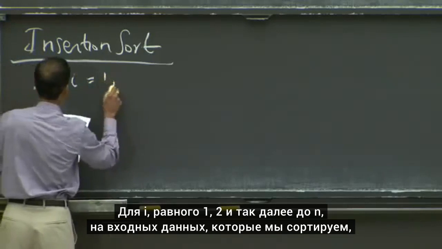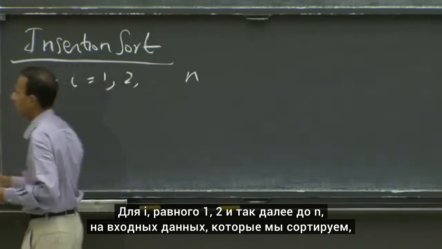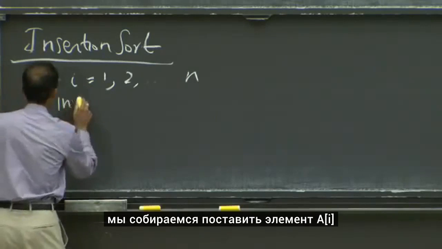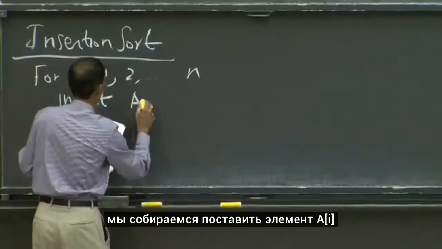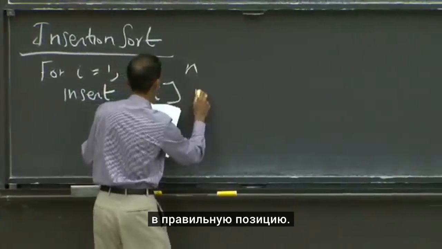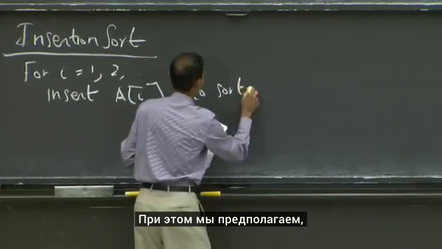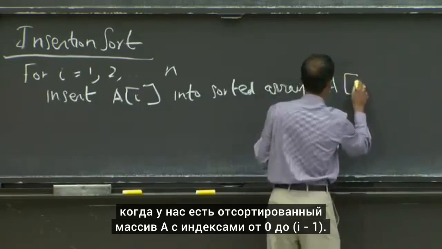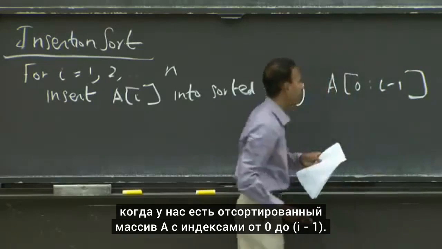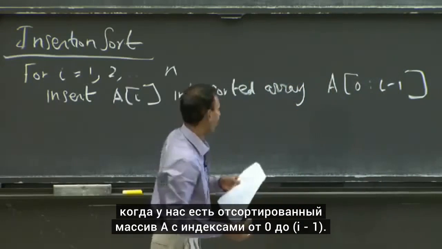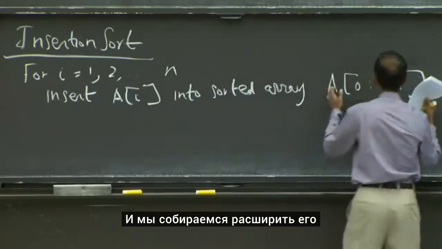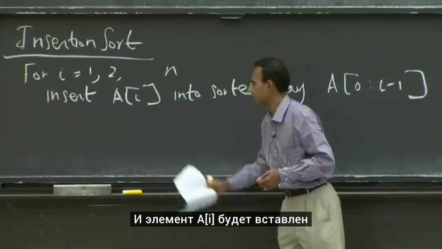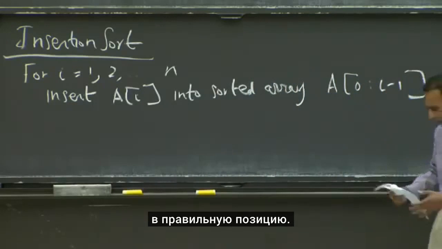For i equals 1, 2 through n, given an input to be sorted, what we're going to do is insert a of i in the right position. We're going to assume that we are midway through the sorting process, where we have sorted a 0 through i minus 1, and we're going to expand this array to have i plus 1 elements, and a of i is going to get inserted into the correct position.